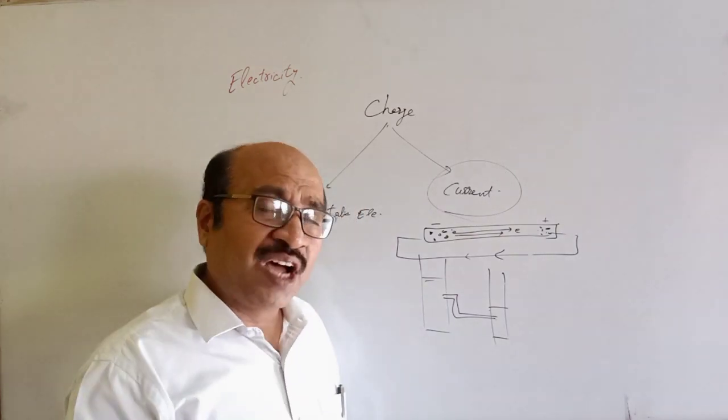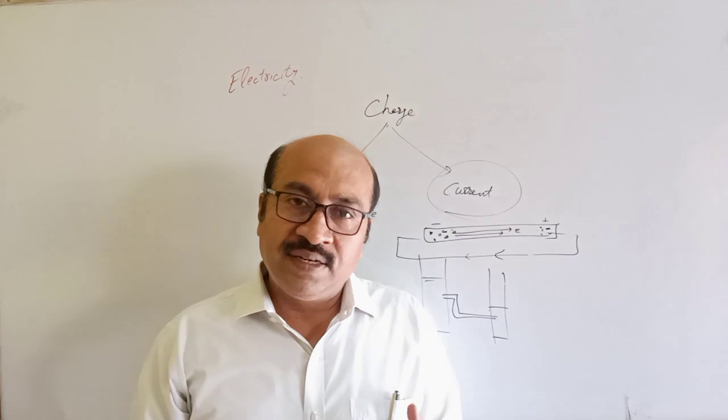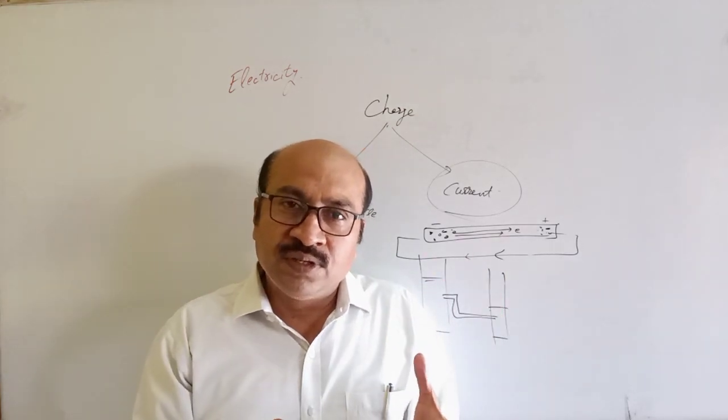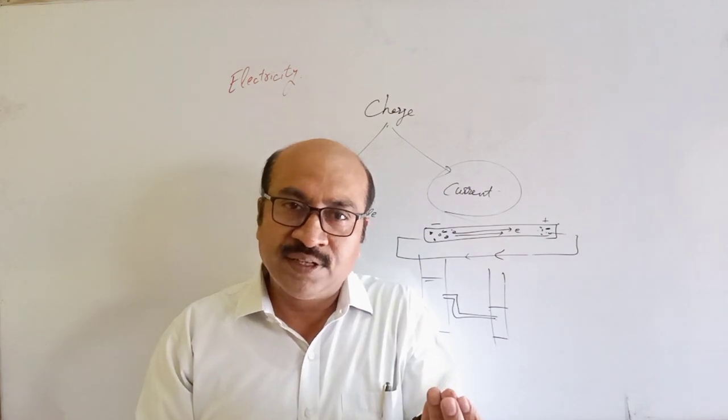Now, if I explain the charge in very simple words, you could say a big group of electrons is 1 unit of charge.